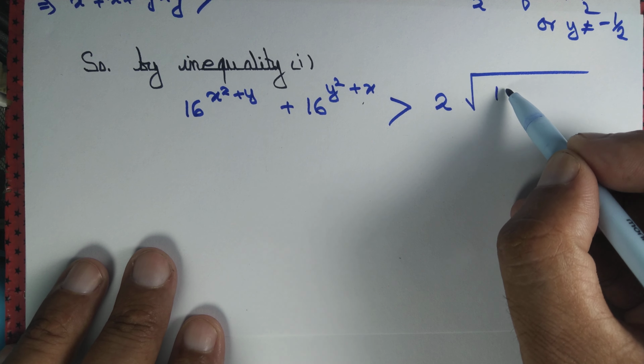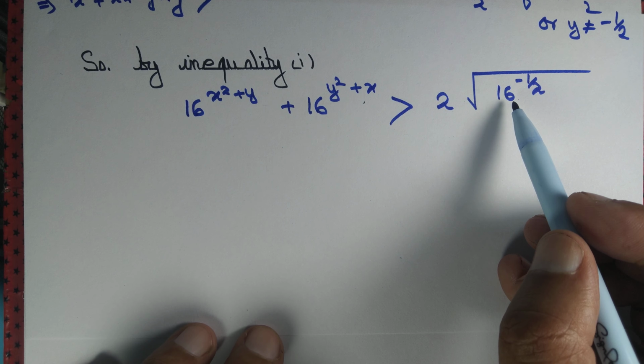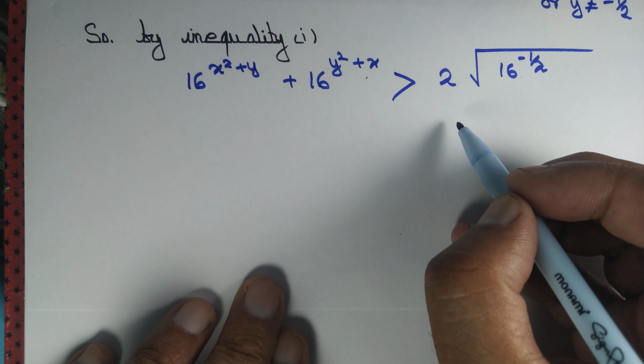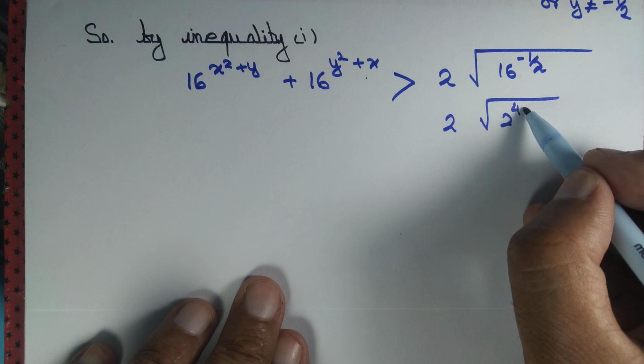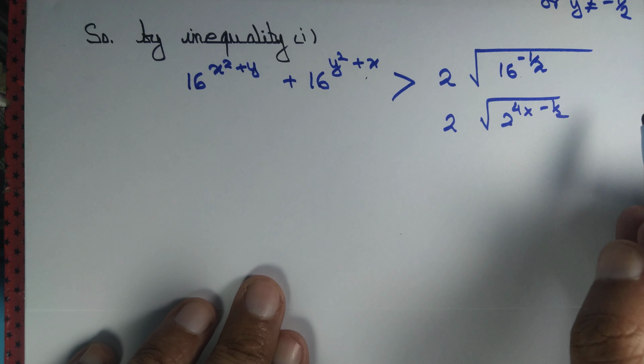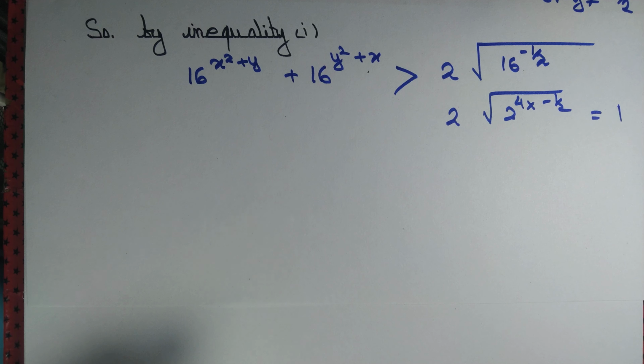So 16 to the power minus half. Now we can write 16 as 2 to the power 4. So 2 times 2 to the power 4 times minus half. 4 and 2 can be cancelled. So this turns out to be just 1.